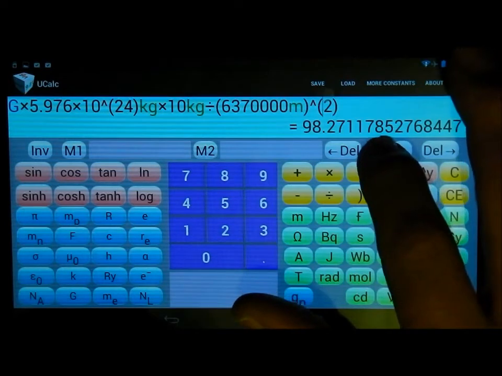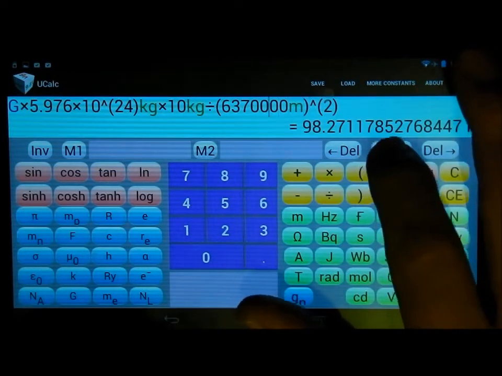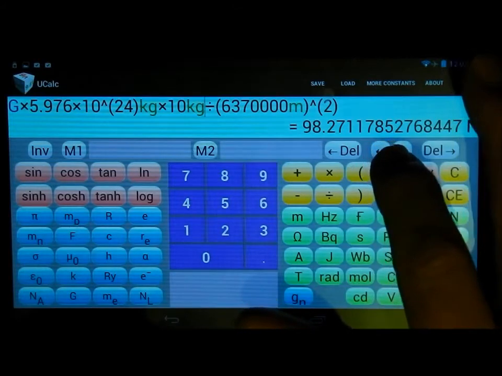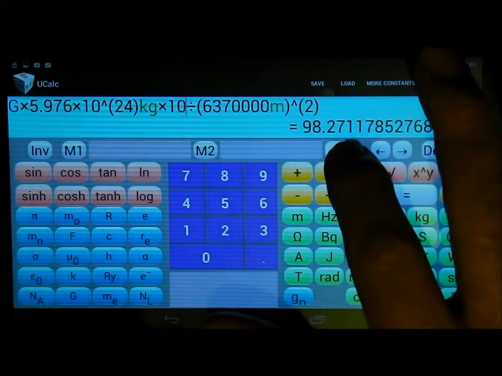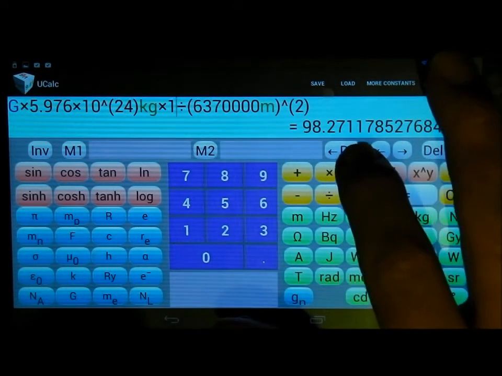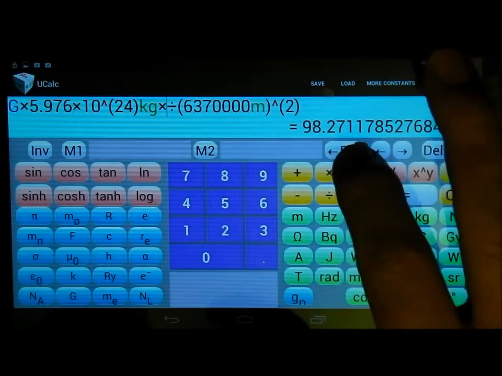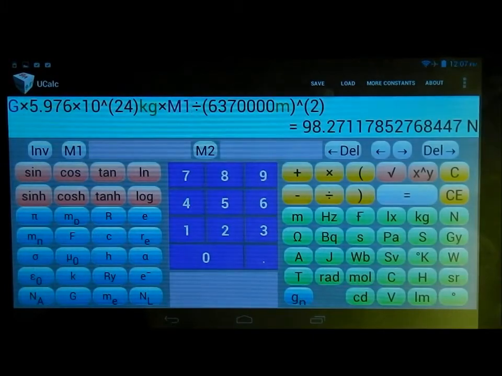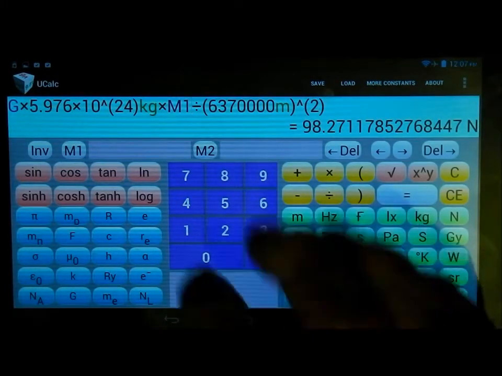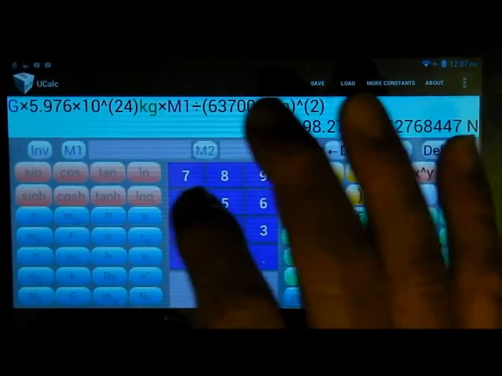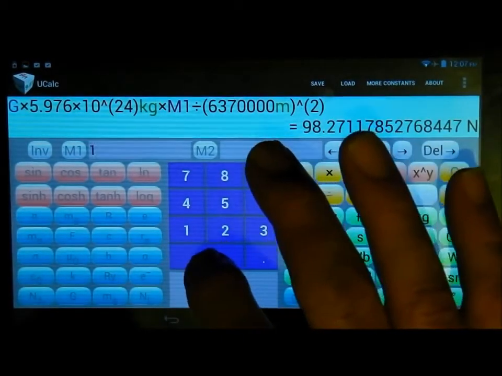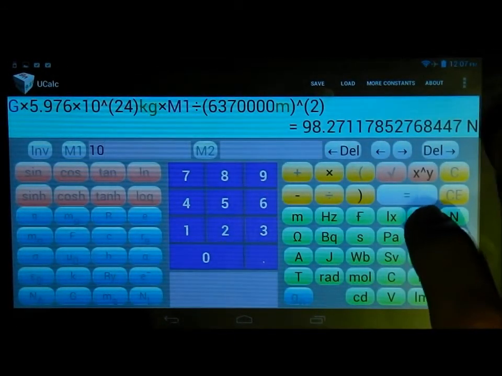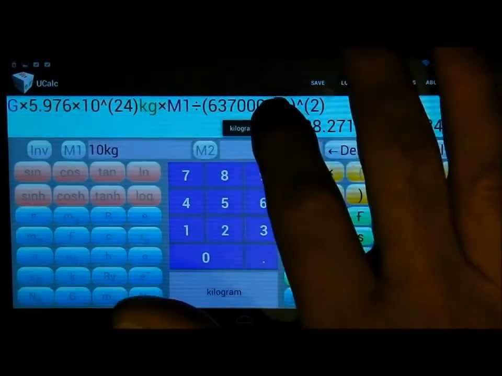We need not put the 10 kilograms in explicitly if we want to. We can use a memory location for that, and this is useful if we wanted to plot a graph, say, using an equation. So if we delete the 10 kilograms and then use a memory name of M1, into M1 we can put our number, and with the unit if it's required by the equation, in this case it is.